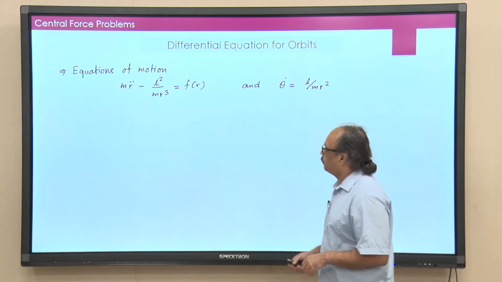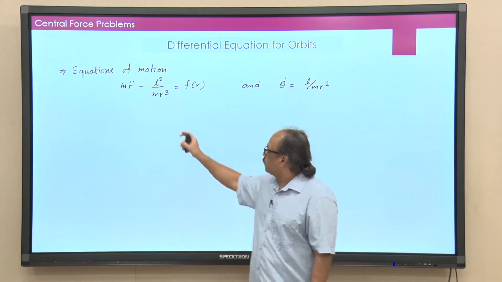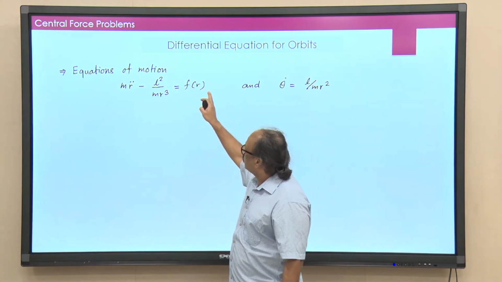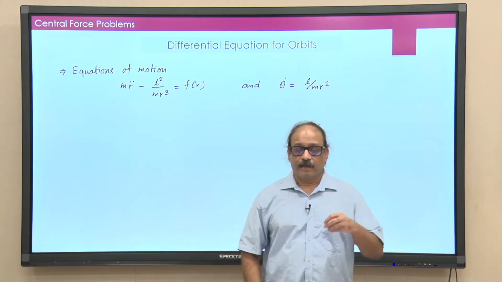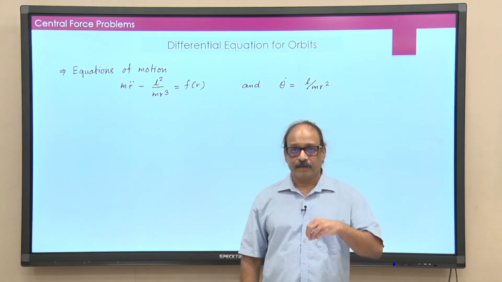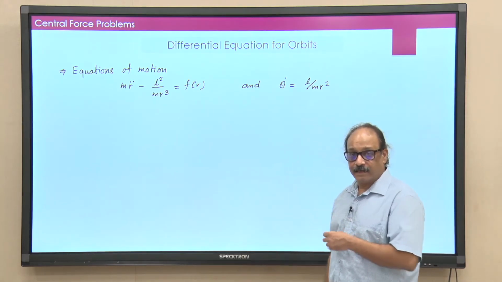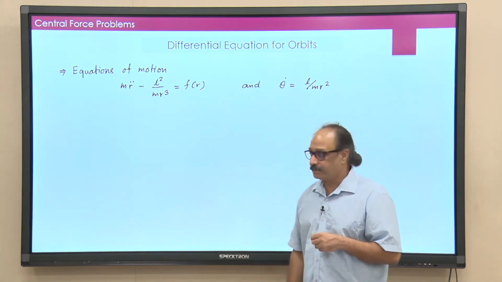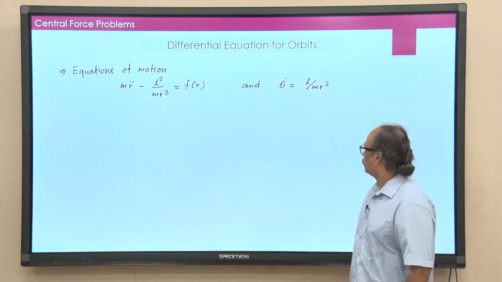We had recognized this term as a centrifugal term. If I take this term to the right hand side, then the equation looks like m r double dot is equal to the central force plus a centrifugal term, and that is the equivalent one dimensional description of the central force with 1 degree of freedom.